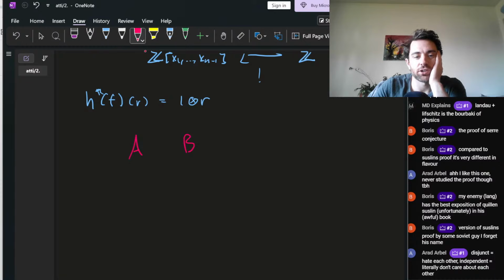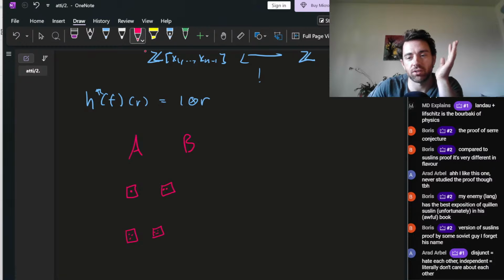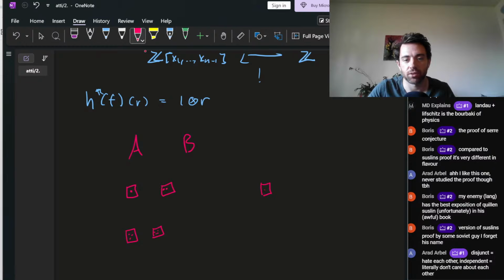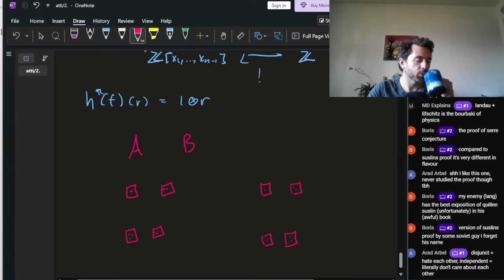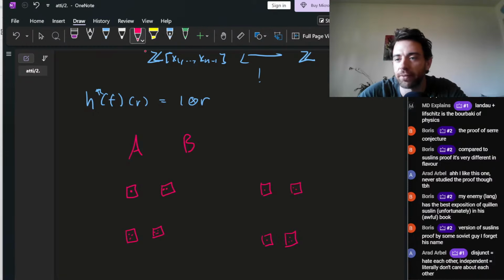Yeah, for disjunct, you can't roll a 1 and a 2 and then simultaneously roll a 3 and a 4, right? These are just totally separate possibilities. So these are disjunct. But your first roll could be a 1 and the second one a 2, and your first roll could be 1 and the second one a 3. I don't know if this is a good explanation of it, actually.